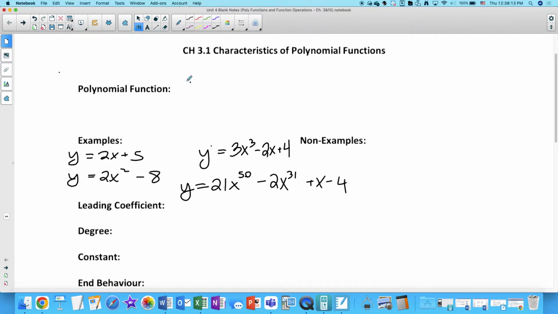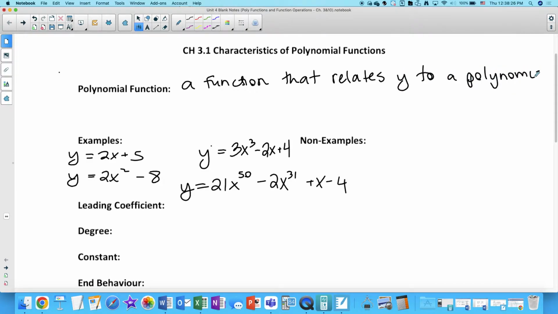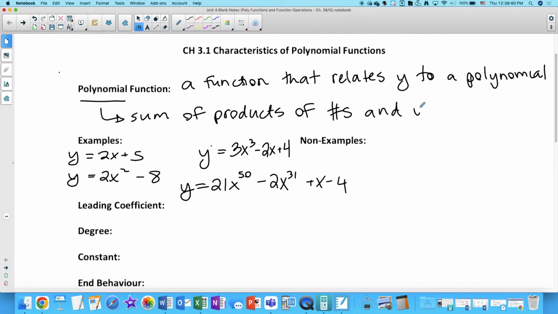So a function that relates y to a polynomial, and a polynomial is the sum of products of numbers and variables.